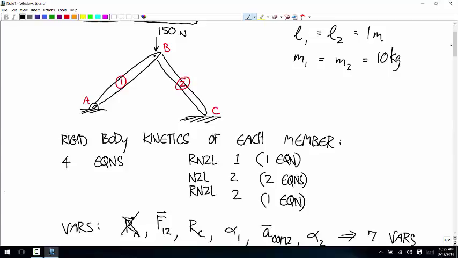And then the last thing we're going to enforce is a constraint equation that says this can slide in either direction, but it can't jump or sink. Okay, so we're going to say the y component of the acceleration at c has to be equal to 0.